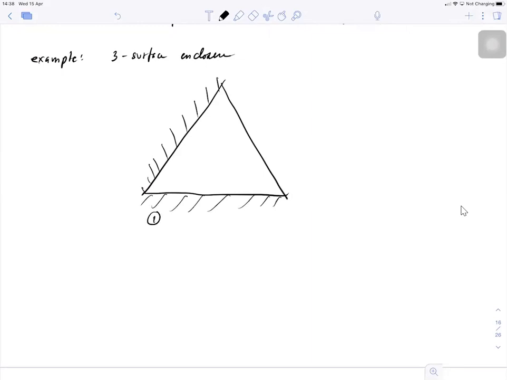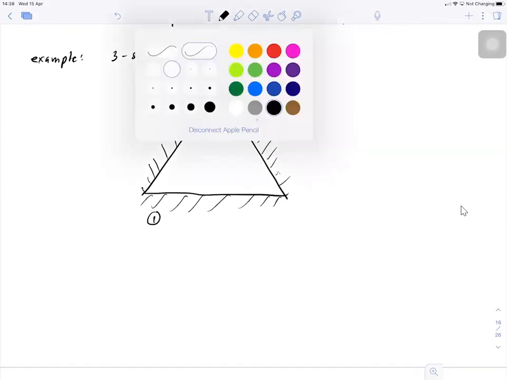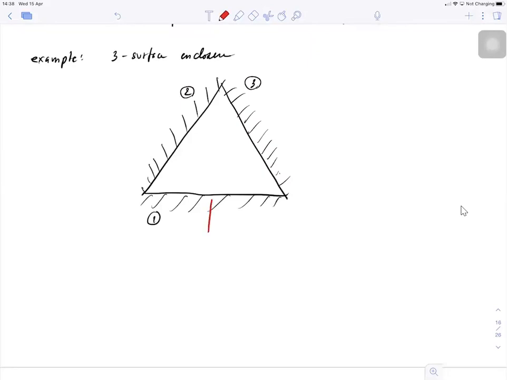And this is surface one, surface two, and this is surface three. Inside the triangle, it is the enclosure. Okay, so we're gonna have the Q1 supplying to the surface to make surface in equilibrium. This is Q2, this is Q3.